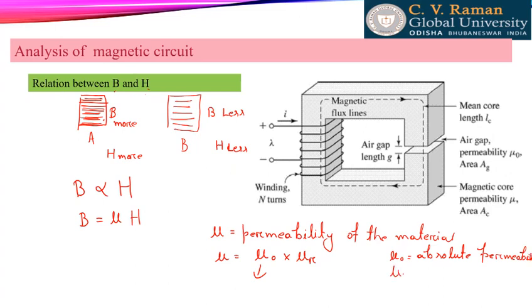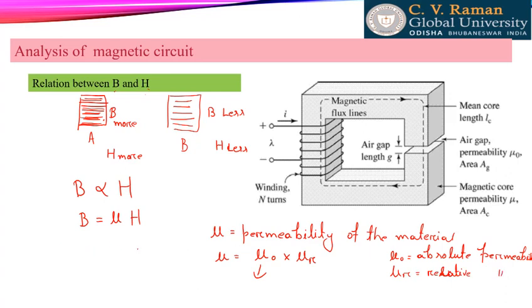And mu r is the relative permeability of a material. That means when it is compared to a standard material, and the standard we are taking here is air. This is your relative permeability.